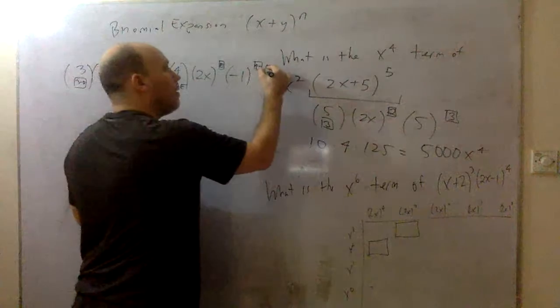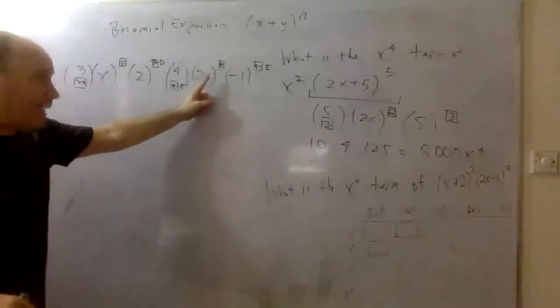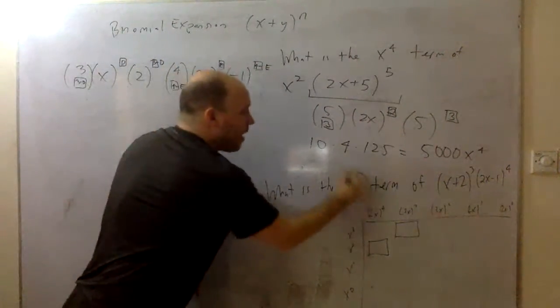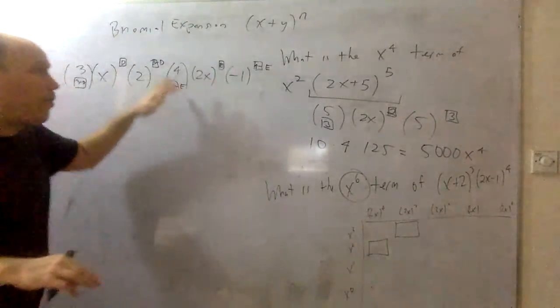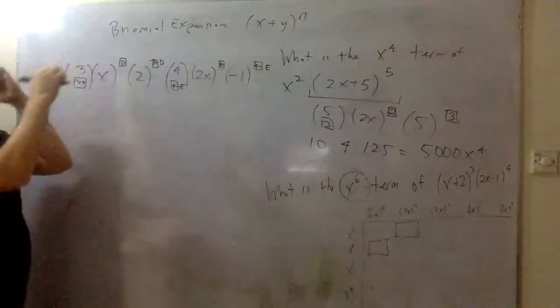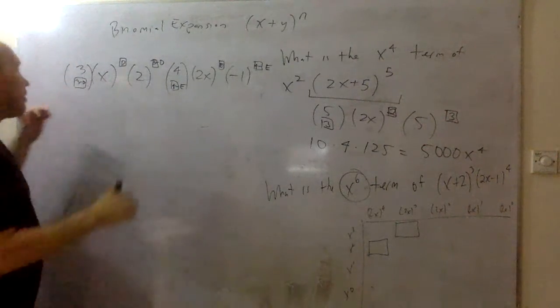Let's pull all the numbers out because I need x to the 6, so we can manipulate it. How are we doing for time? Good.